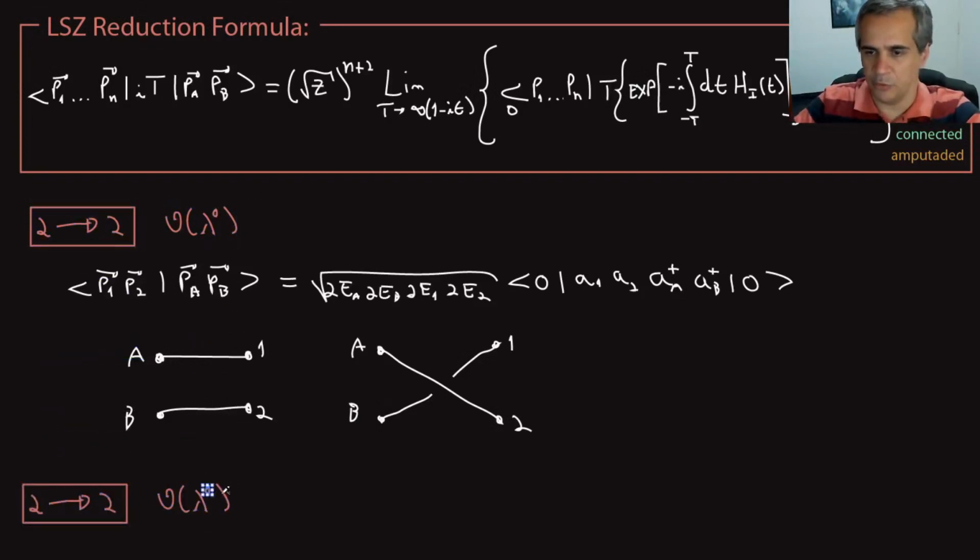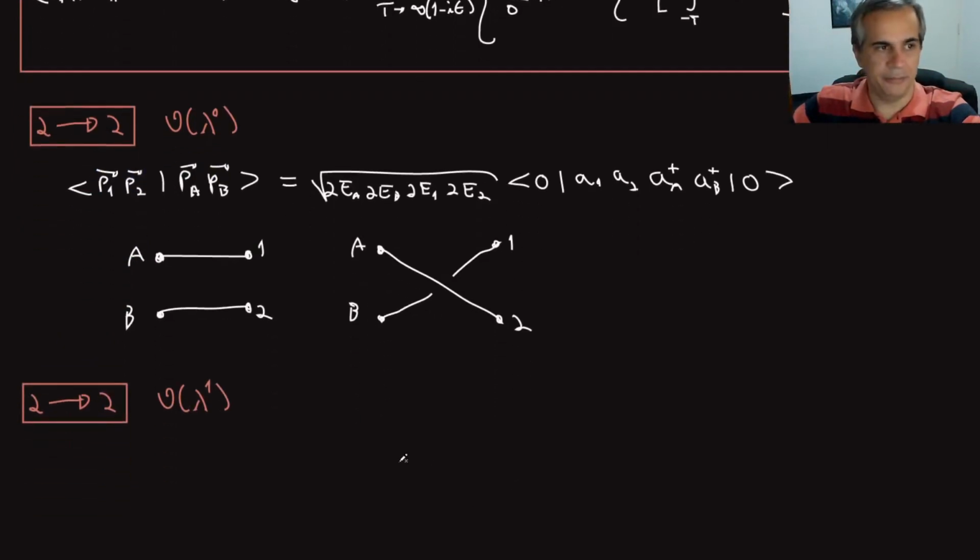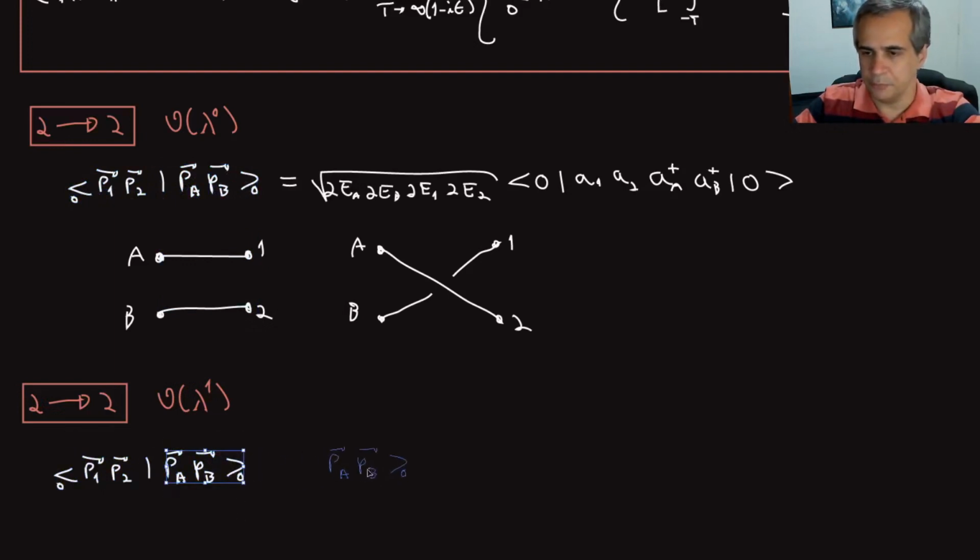Now if I go to a 2-to-2 scattering and take first order in the perturbation theory, now the right hand side of that equation, right? Again, this is free theory states. Will become this.